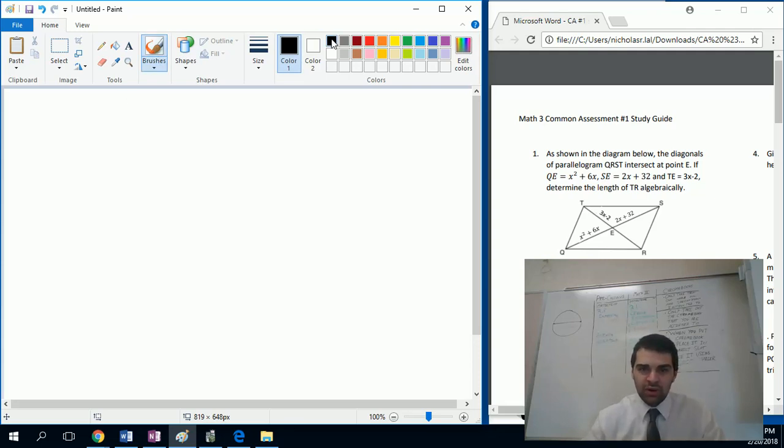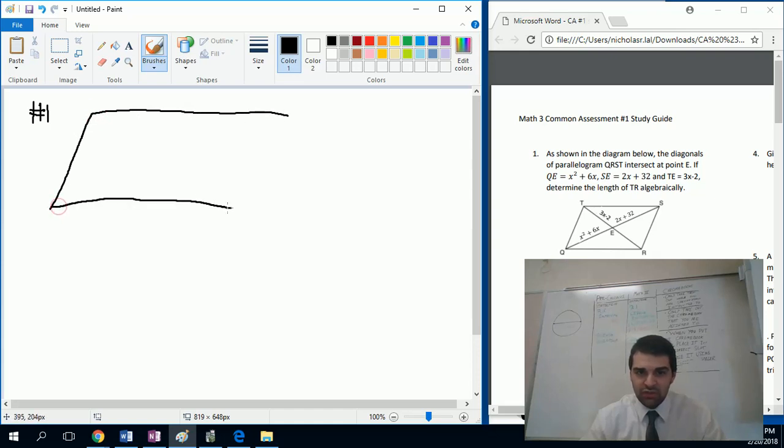If we're going to do this problem right, first we need to copy the relevant aspects of the problem. So this is number 1 for our study guide. Let's draw our parallelogram. Obviously this is an approximation for the drawing, but it's going to have two diagonals.